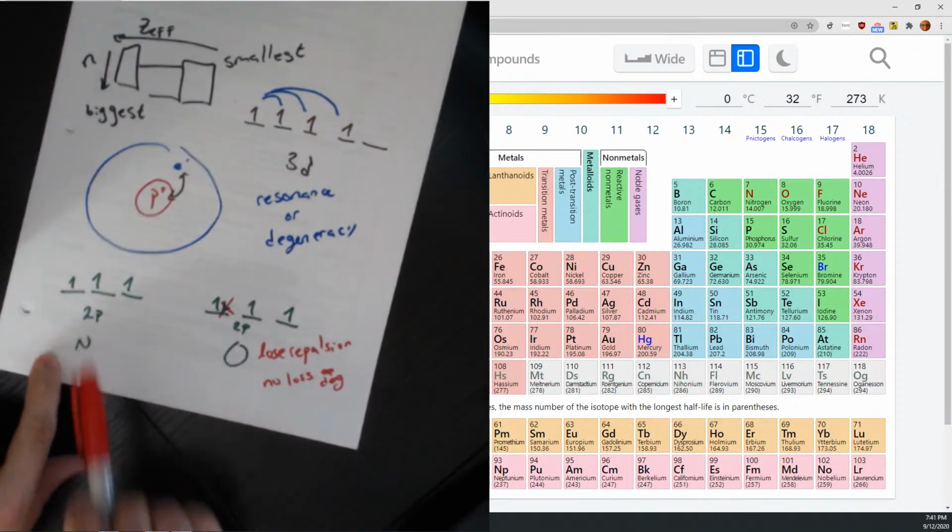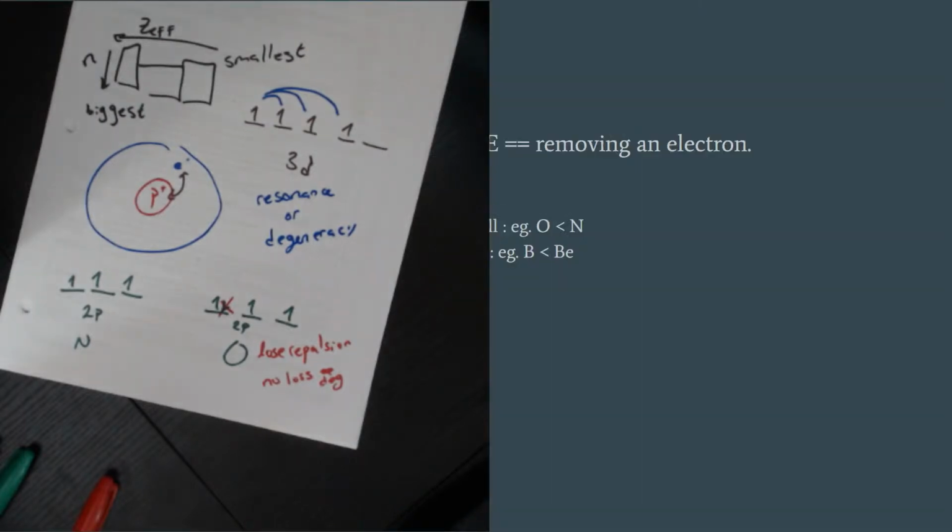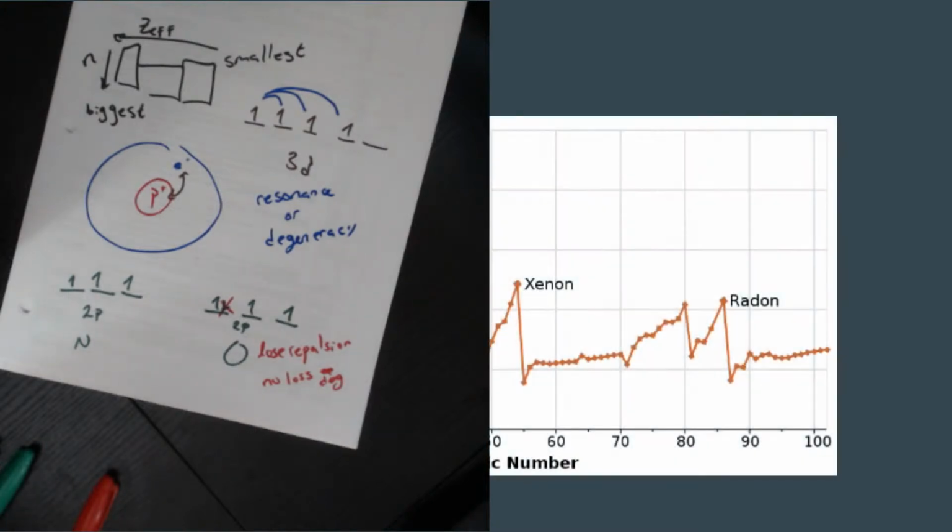You would be losing degeneracy. So even though oxygen is one step to the right of nitrogen, it does not have a higher ionization energy, which is what you would expect. That's not what you see, because losing an electron takes oxygen to half full.